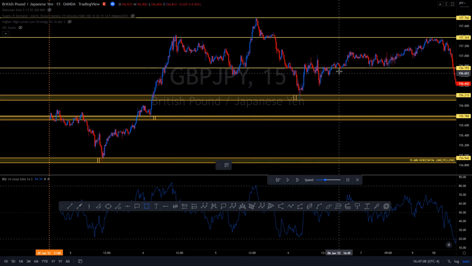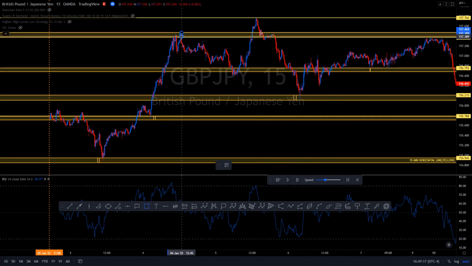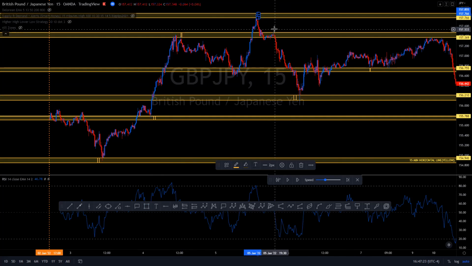So we're making these zones yellow, so that way we can get an idea of how price is really interacting with these zones, grabbing all that liquidity before they make a big move.